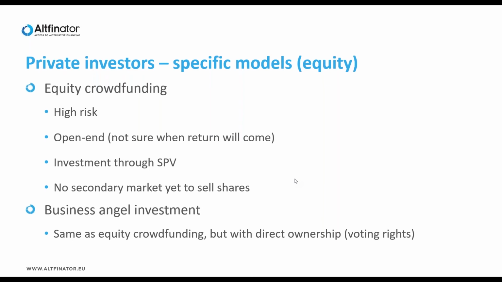So instead of 100 people investing €1,000 each, you will have one business angel investing €100,000 directly in the company. But hereby, most of the time, you will have direct voting rights. So you can sit at the table, discuss with the founders, discuss with the other shareholders the direction of the company. For some people, especially if you have more funding available, it's a more interesting way to participate in these companies.